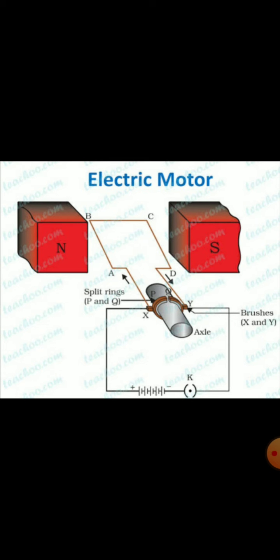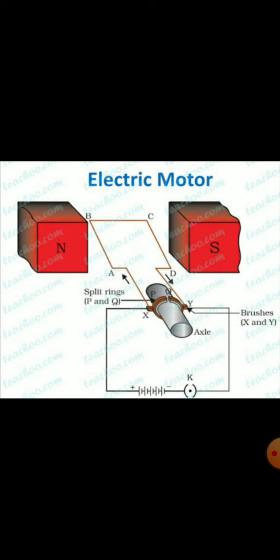And you see, it is not a full circle. Two different halves are there. It is not a full circular ring, okay? In between there is a space, you can see in the figure. So it is a split ring and it has two halves, two different parts, P and Q.